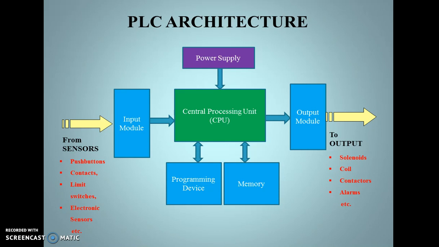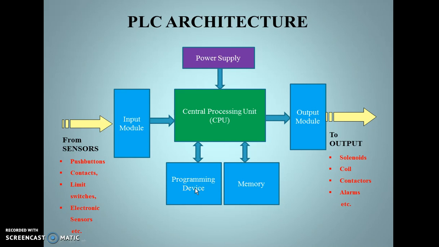An output module acts as the interface between CPU and the output devices such as solenoid, coils, contacts, alarms, etc. Input module and output modules both are separated electrically using optoisolators to protect against any kind of short circuit or any electrical hazards.